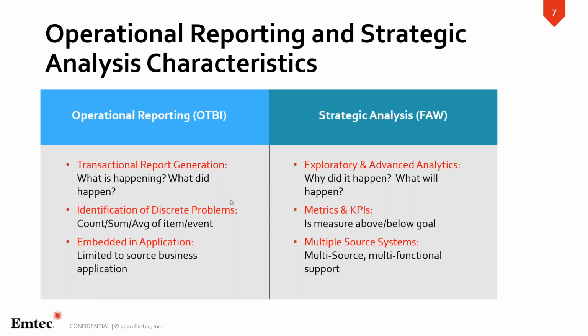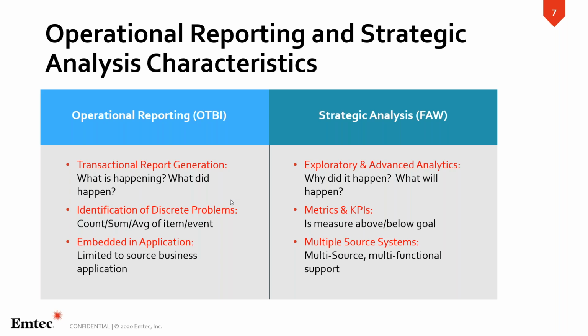If we talk about it at the most granular level, another way to look at this is operational reporting or strategic analysis. I've used these terms a couple of times. Operational reporting is really about what's happening, or what did happen in the near past, right? The scope of that time period is much more limited versus looking at strategic analysis.